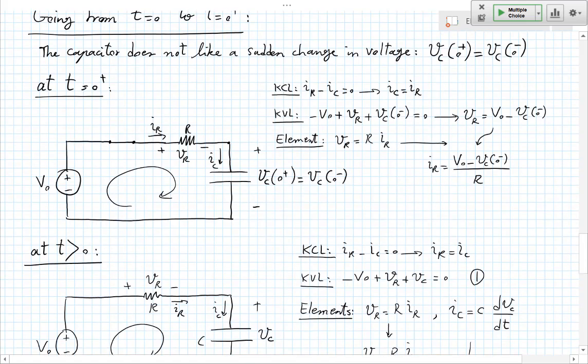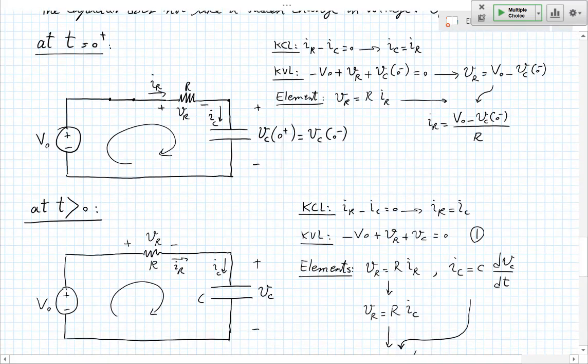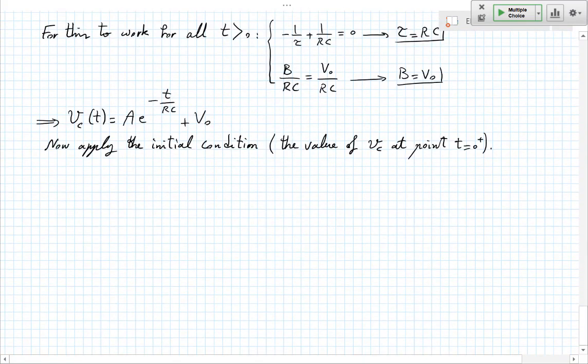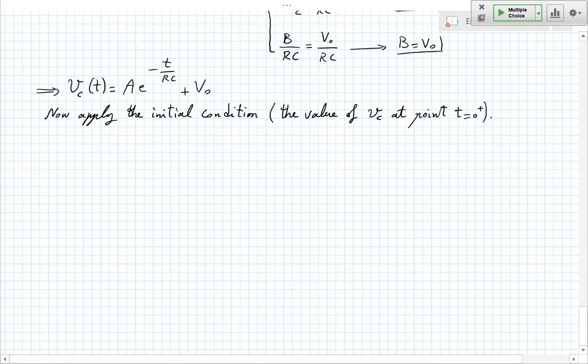This is what we argued based on the fact that the capacitor does not like a sudden change in its voltage. And Vc of 0 minus was what the problem had already given us at the beginning. Sorry, I think I said Vc plus and minus. I meant Vc of 0 plus equals Vc of 0 minus.